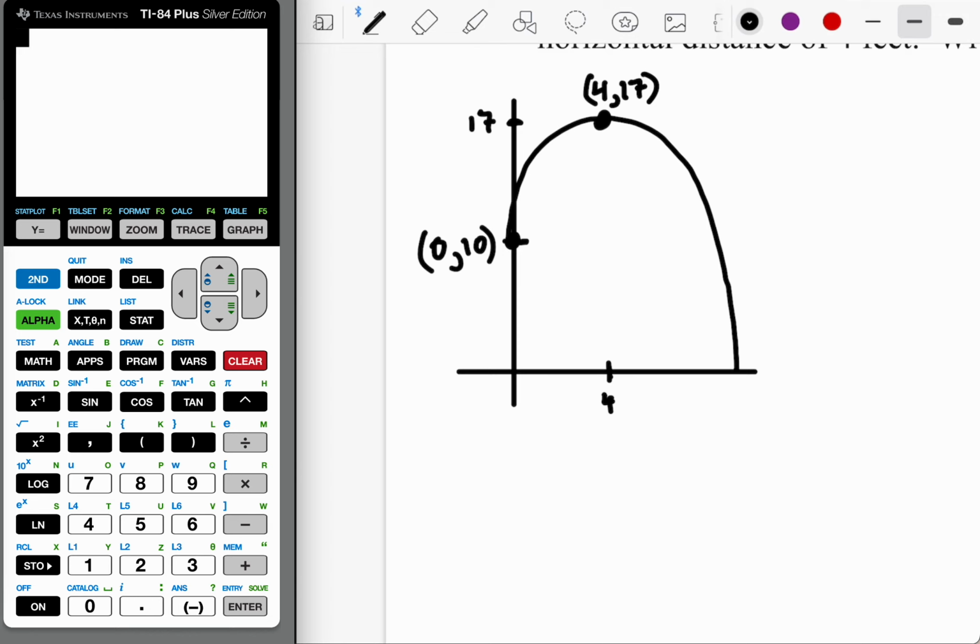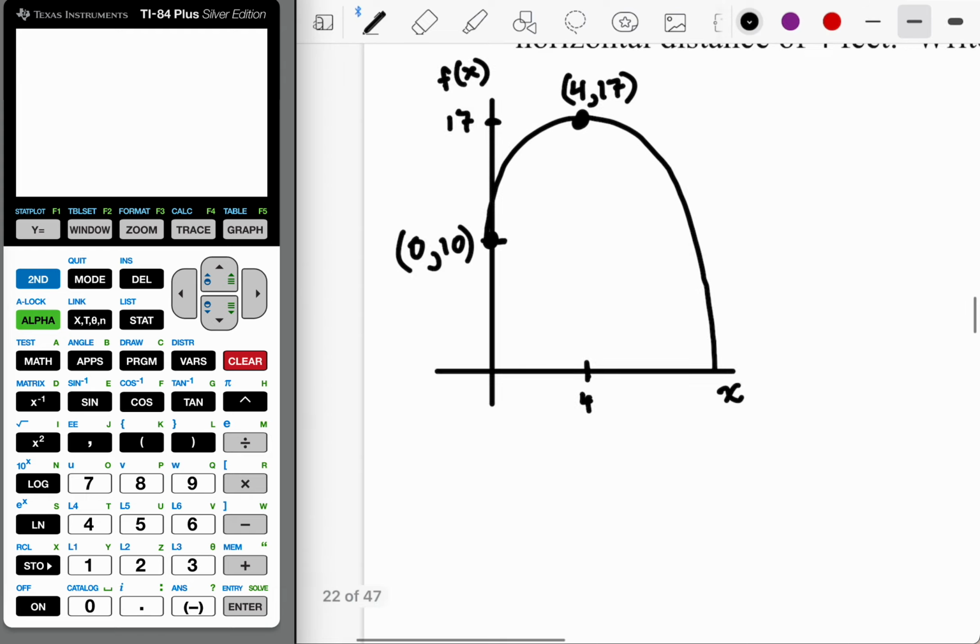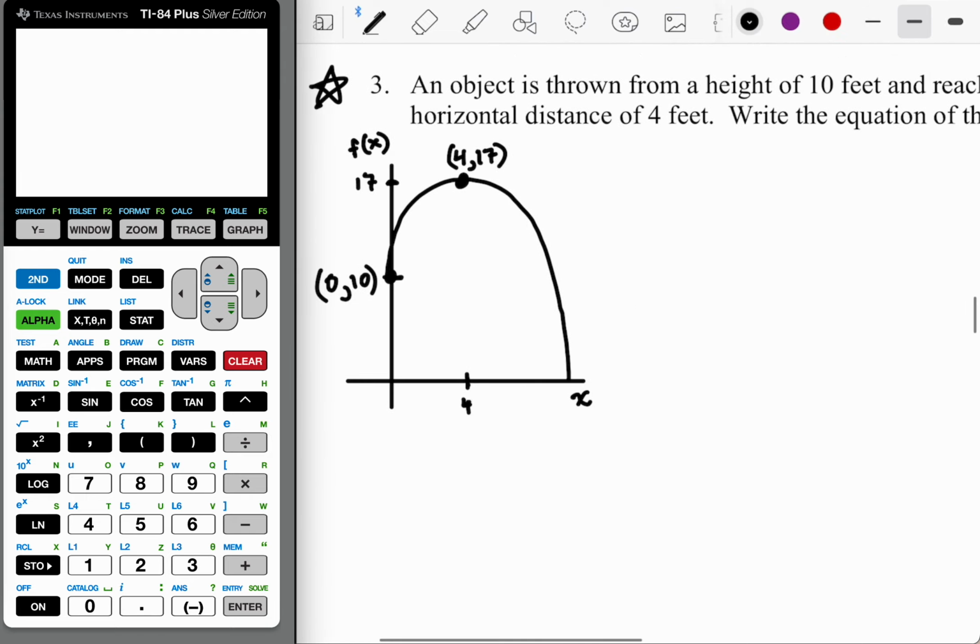So what we're comparing here is x and y. There's no time component here. But instead of saying y, we're going to say f of x. So on Friday, we learned that the y-intercept is the c value of the quadratic function in general form.